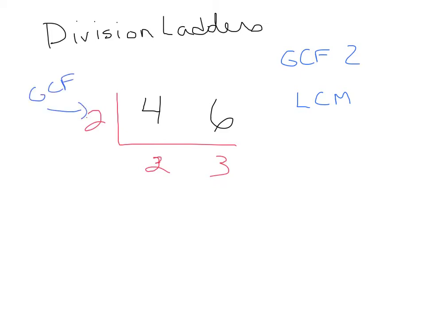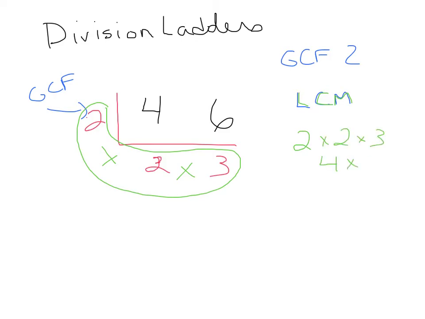But to find the LCM, I'm going to take that 2 and multiply it by the 2 times the 3. So I would get 2 times 2 times 3, so 4 times 3, which is 12, which is the LCM.